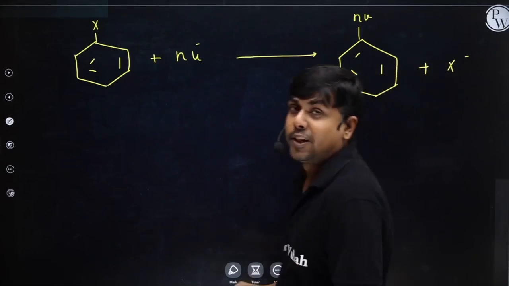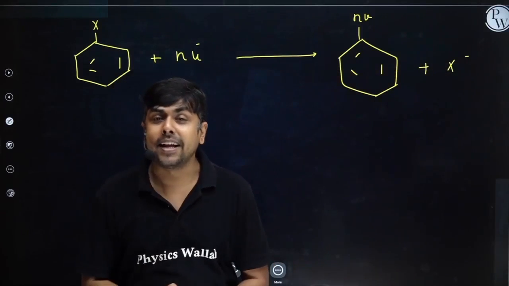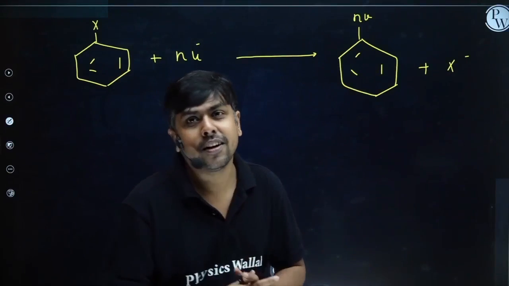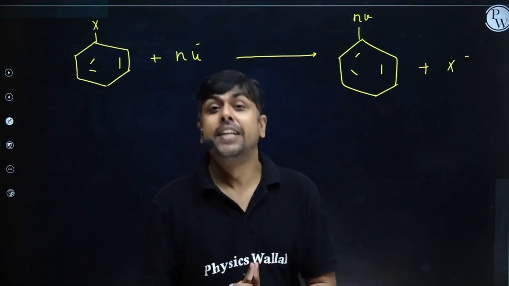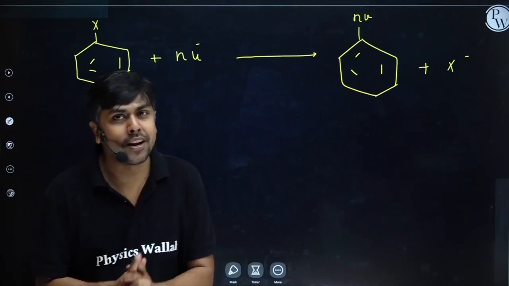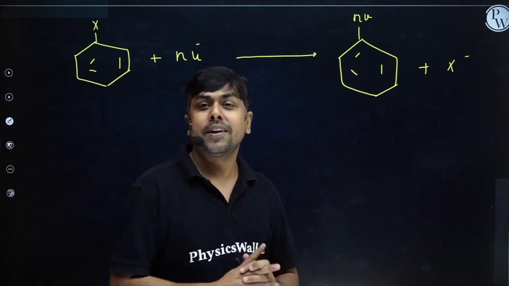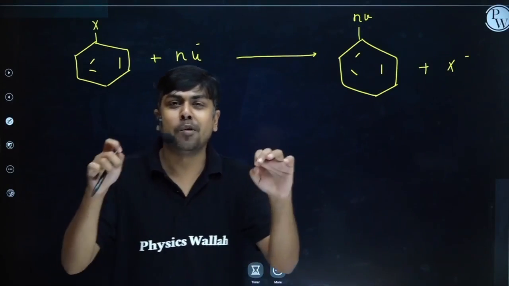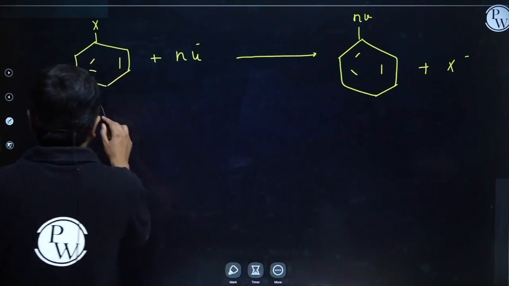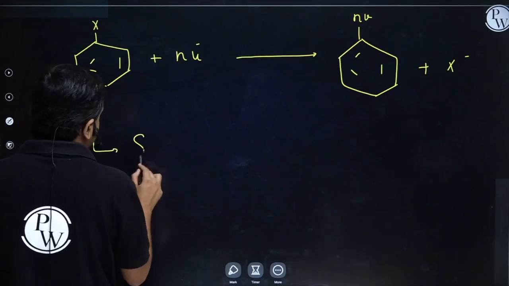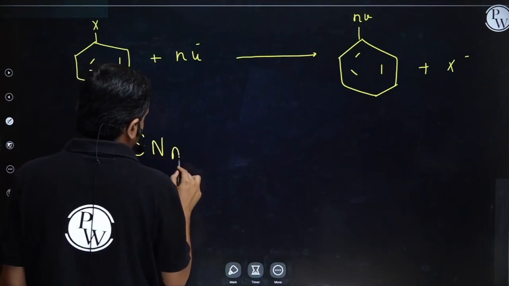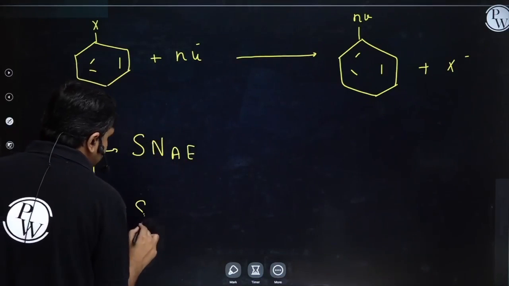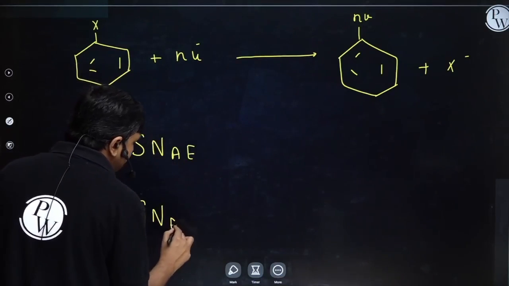Now, if I look at this reaction, basically it occurs via two different pathways. Depending on the nature of the nucleophile and the nature of the substrate, we have two different pathways through which nucleophilic substitution reaction of halobenzene will occur. The first pathway is referred to as the SNAE pathway and the second pathway is the SNEA pathway.